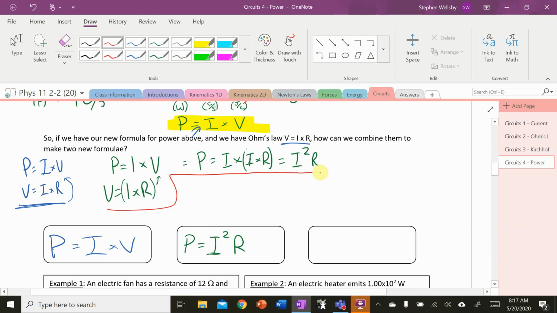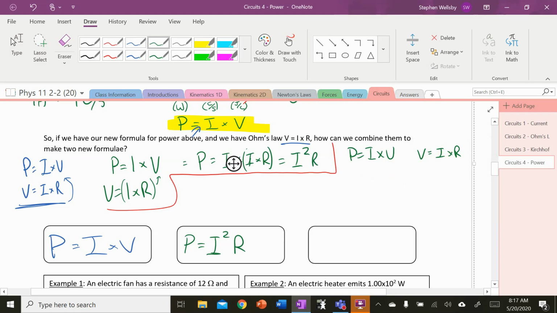I'm going to put this one separate and make another one here. The other formula: we've taken this V and replaced it, so now let's try taking that I and replacing it. If P equals I times V, and we know V equals I times R, then what is I equal to?